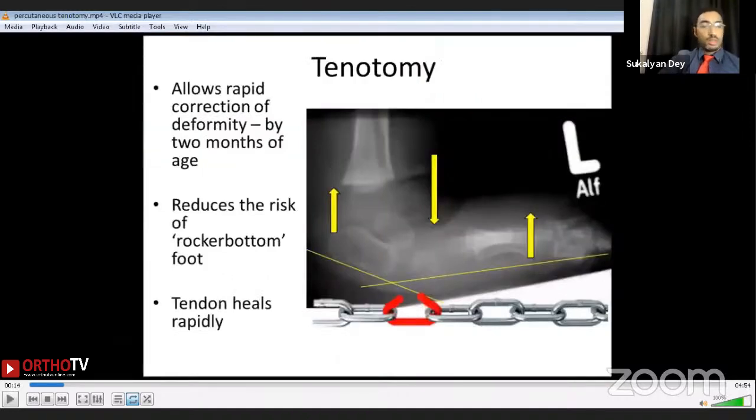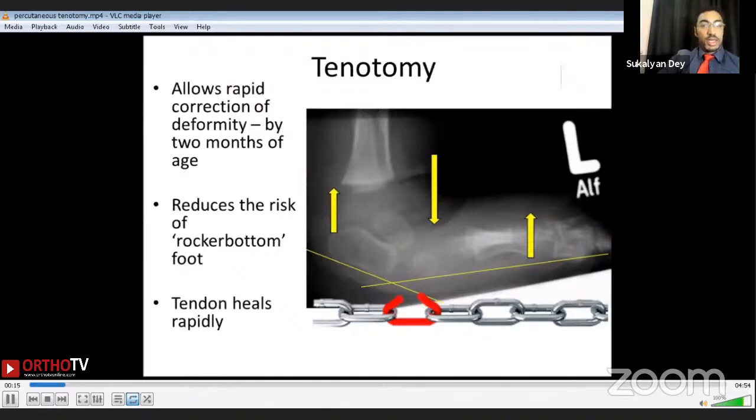Now, why a percutaneous tenotomy? Because equinus is not corrected with the help of plasters. As we are talking about the strongest tendon of the human body, if we try to exert brute force, then the weakest link in the chain, namely the tarsal joints, the capsules, and the ligaments, give way. They succumb, giving rise to a complicated rocker bottom foot.